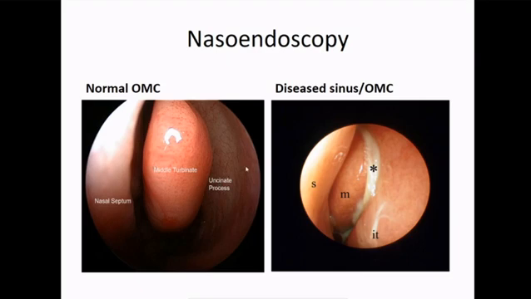There is an area here, the middle meatus region. For the ENT, we call it the osteomeatal complex area. In anatomy you learn it as middle meatus, but in ENT clinic, they call it osteomeatal complex area.